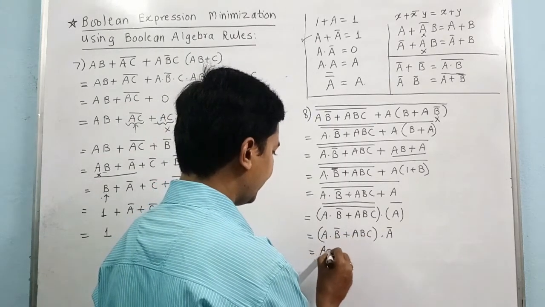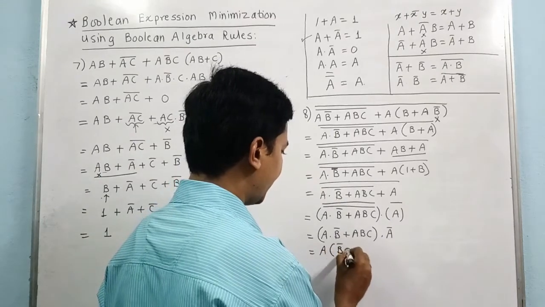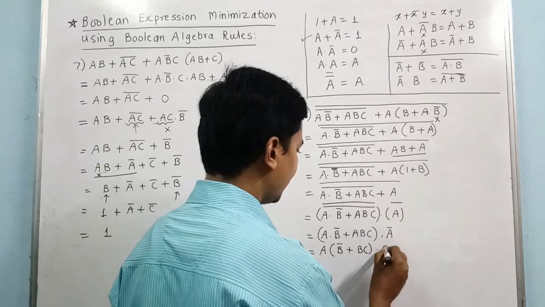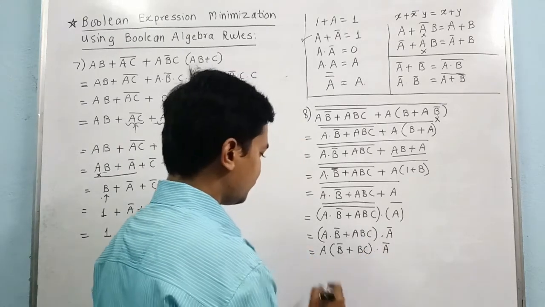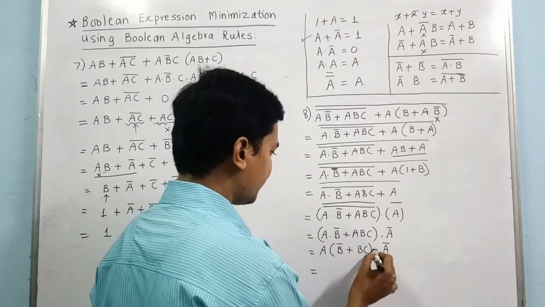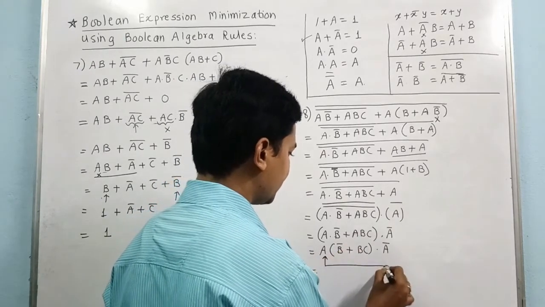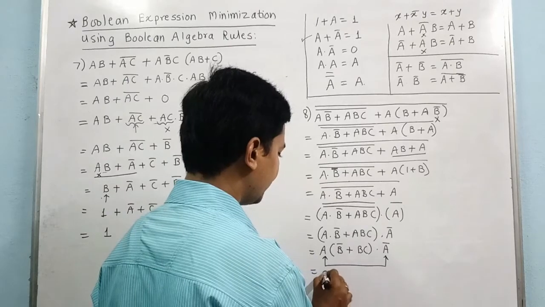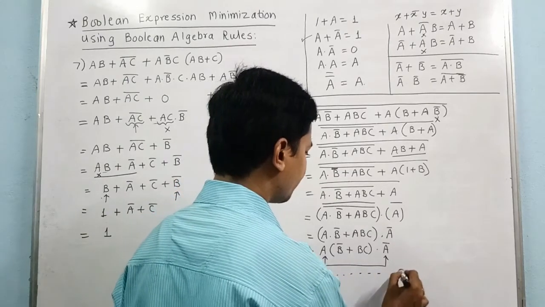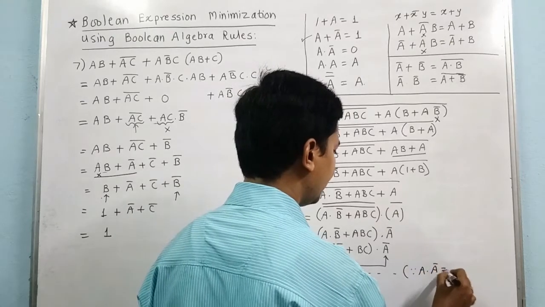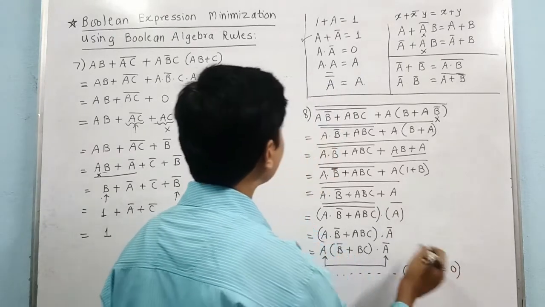So write here a into b bar plus bc into a bar. Okay, so this a bar is multiplied with a, so from this multiplication we can directly write 0 because a dot a bar is equal to 0. So this rule is written here.